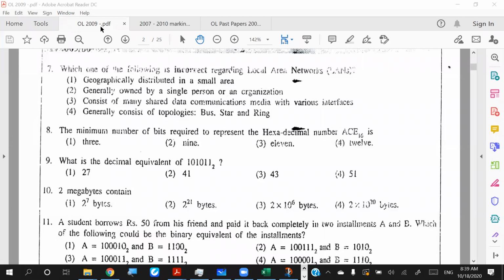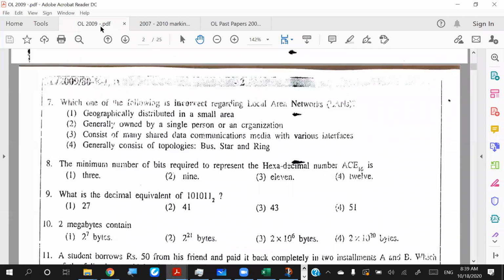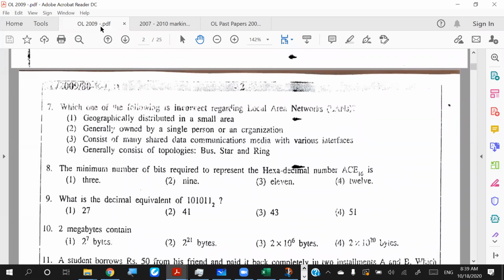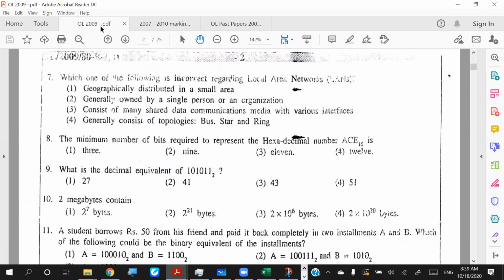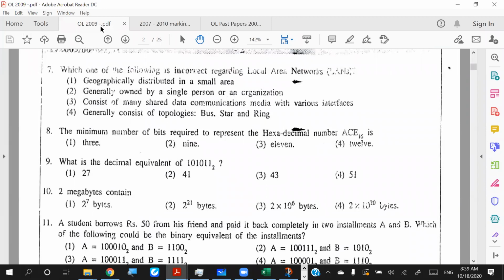So the third can be taken as the incorrect one, right? Okay, so the eighth one: the minimum number of bits required to represent the hexadecimal ACE16 is... Yeah. Now here, since it contains 3 symbols inside the hexadecimal, we are going to write it.